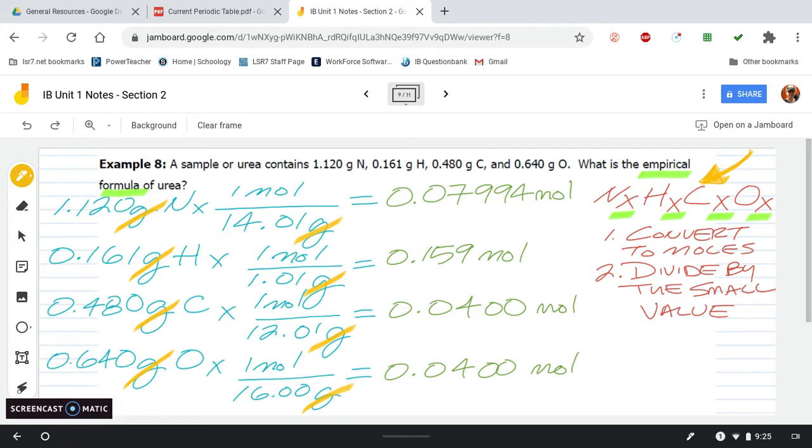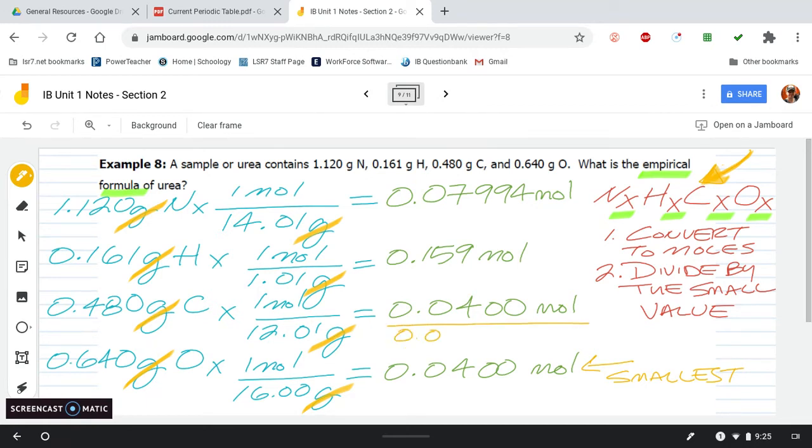So we're going to divide by the smallest. Which one is the smallest? Well, right here, these values are tied for the smallest. Now, I made a mistake earlier and I wrote down 0.4. Well, that would have been a big problem because I would not have been dividing by the smallest value. So when I say divide by the smallest value, I mean you divide all of them.